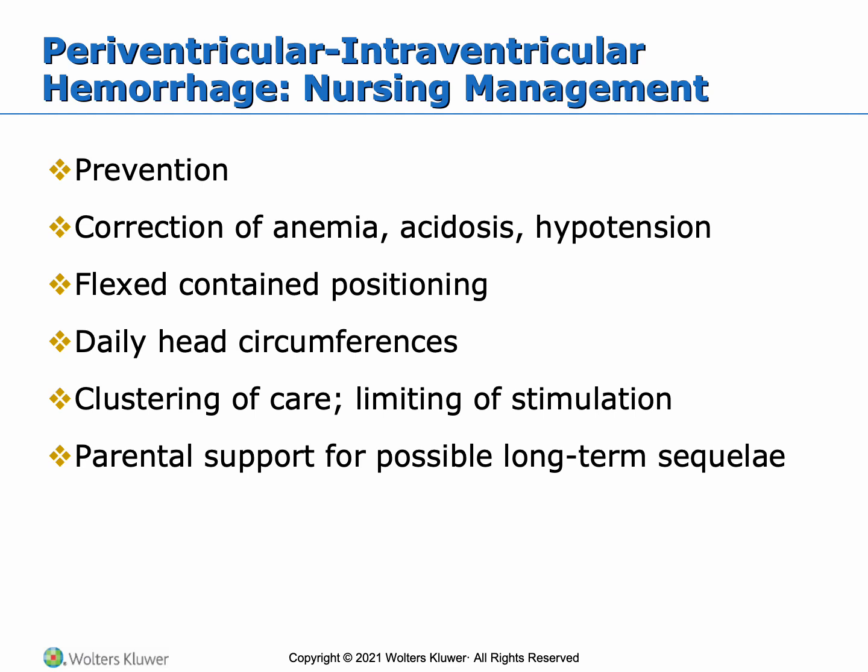So it's pretty much supportive care, fluids, medications, also flexed contained positioning, keeping that head elevated while the body is flexed to prevent or minimize fluctuations in that intracranial pressure. They're going to have daily head circumferences to see if there's any swelling, clustering the care, limiting stimulation, and of course, parental support for possible long-term sequelae.